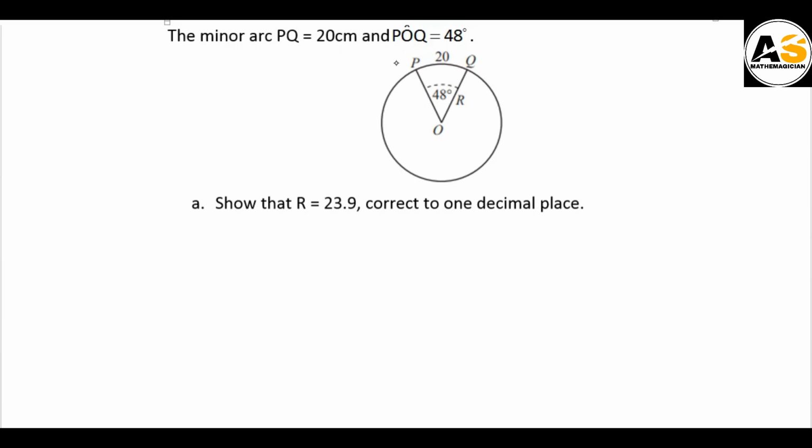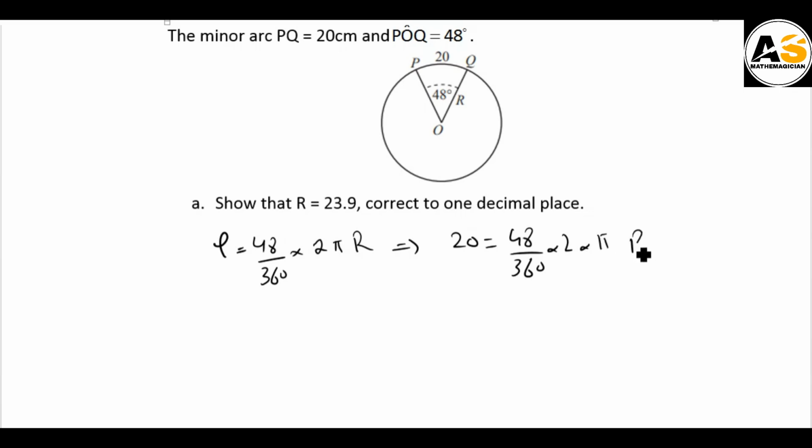We are given this arc length. We know that this arc length L is equal to 48 over 360 multiplied by 2 pi R. From here I will write 20 is equal to 48 over 360 into 2 into pi into R. From here R will be equal to 20 into 360 over 96 pi.